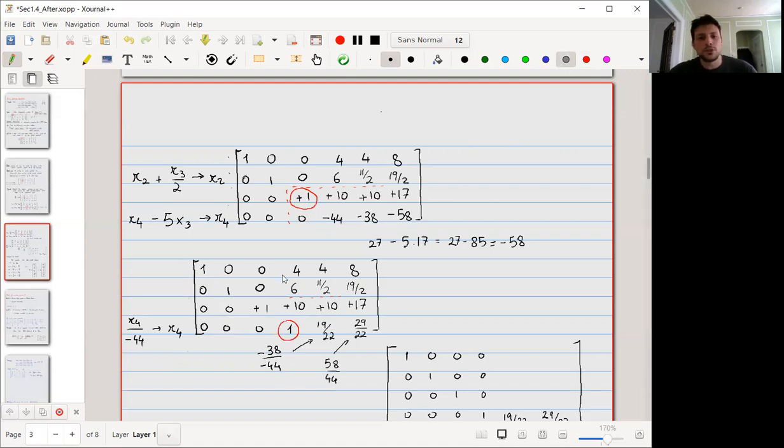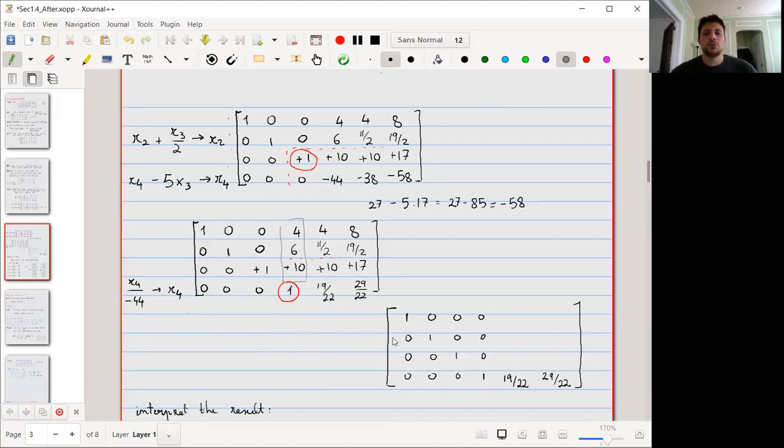However, what we still have to do is to eliminate all of the entries in the pivot column corresponding to the 4th pivot entry. So how are we going to do that? This time I will maybe not compute all the numbers, but I'll tell you what to do.